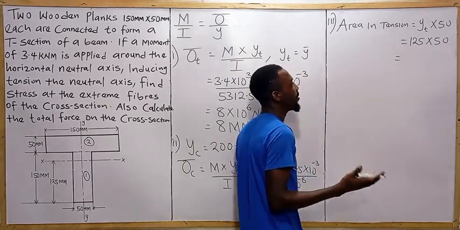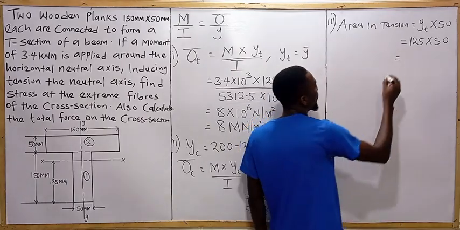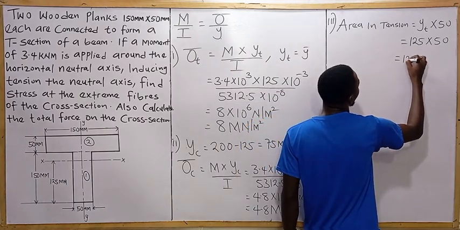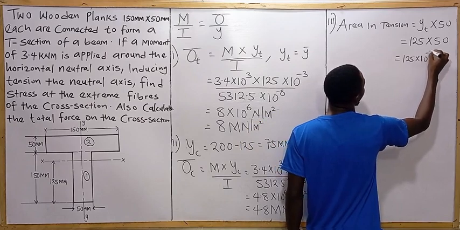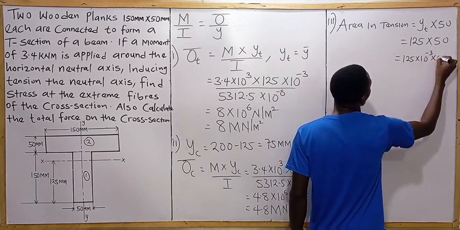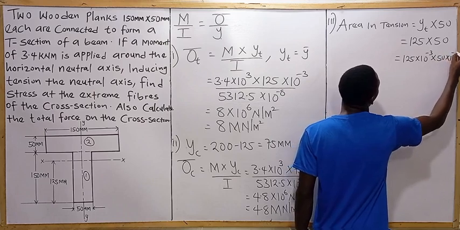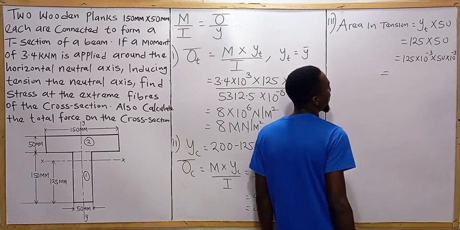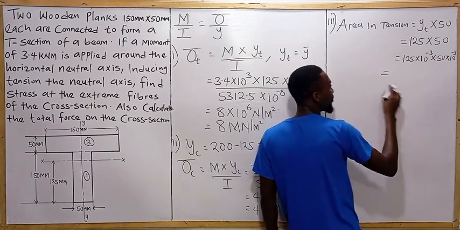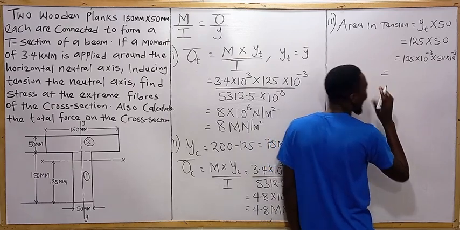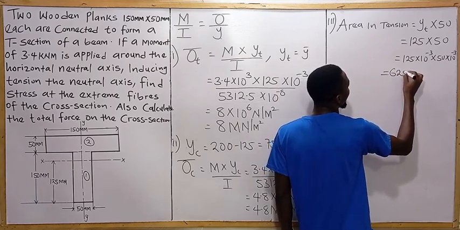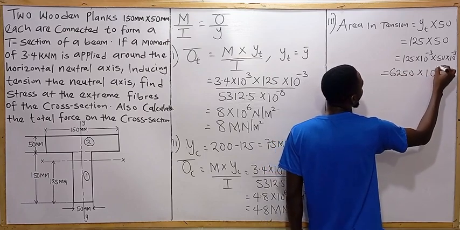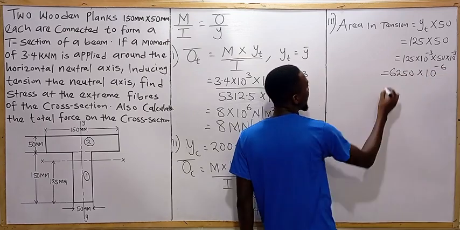We can take them to be in meters. So this is going to be 125 times 10 to the power of minus 3 times 50 times 10 to the power of minus 3. So this will be equal to 125 times 50, that is 6,250, then times 10 to the power of minus 6.